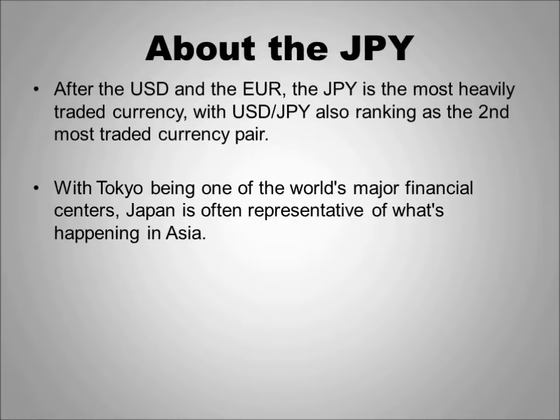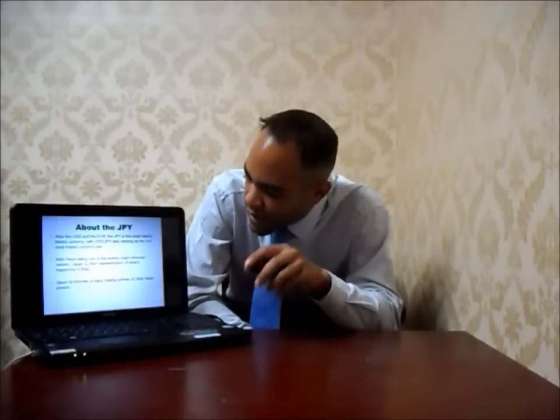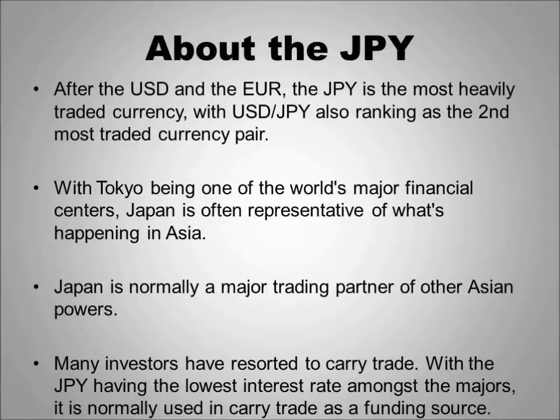So pay attention to what happens in the Hang Seng or the Singapore's market or Shanghai's market. So these are also key elements in order to develop a successful strategy if we choose to invest in the Japanese yen.